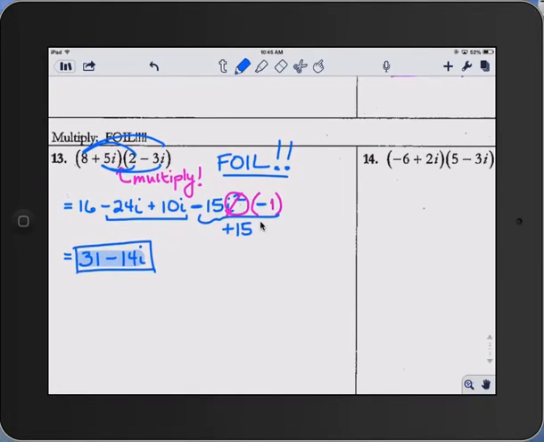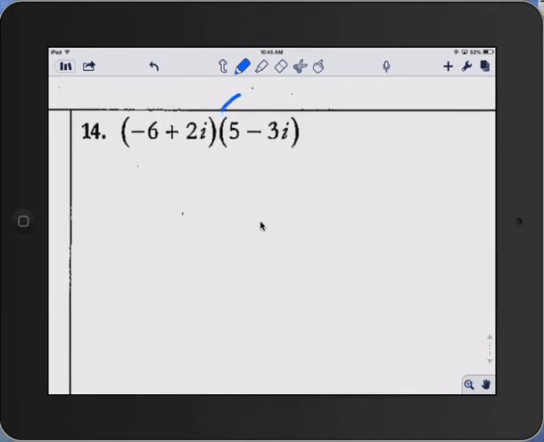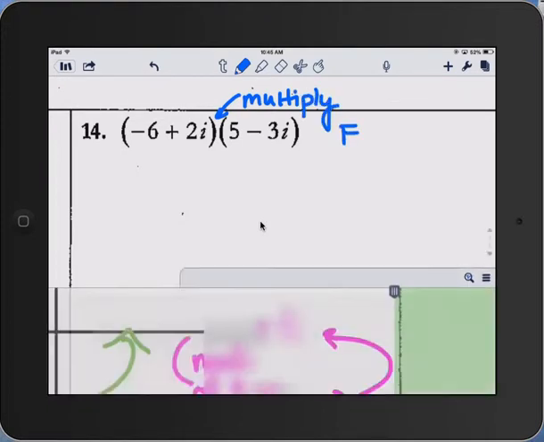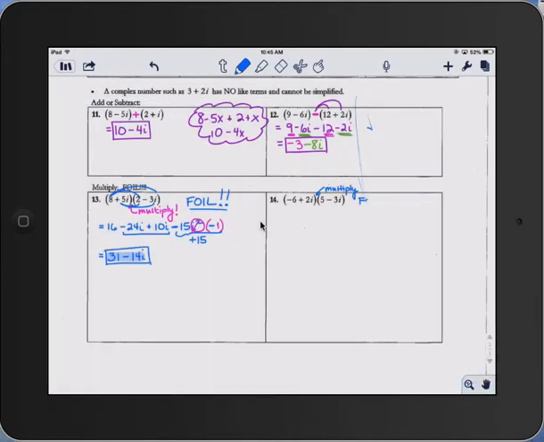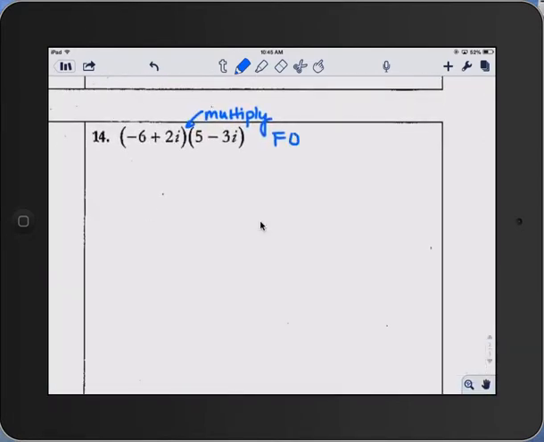Okay, now again, on this problem, number 14, you want to look and say, is this adding, subtracting, or multiplying? There's no symbol in the middle, which means we're going to be multiplying. So when we multiply, we'll FOIL, and we'll have negative 6 times 5 is negative 30.